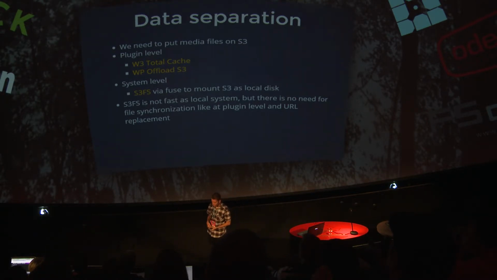If you're using this, it will not be as fast as a local system, because in the background it's doing HTTP requests, but it does not require that much synchronization in your WordPress database, and does not require URL replacement.